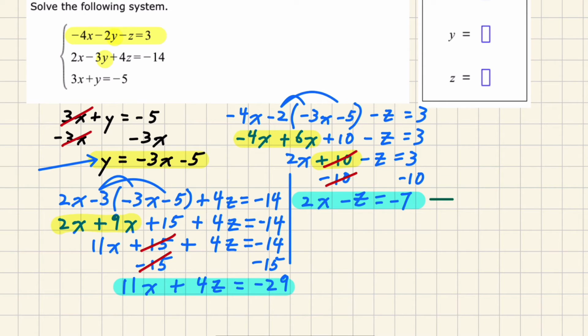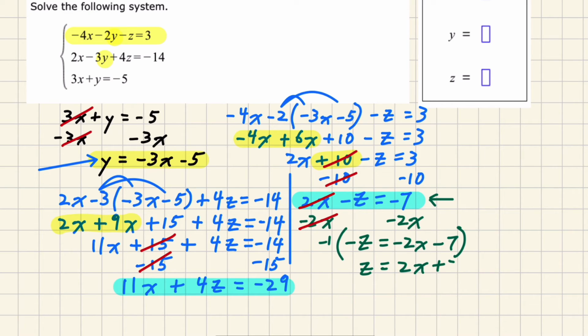Looking at this equation, I can solve for z by first moving the 2x to the other side, leaving me a minus z equals negative 2x minus 7. Of course, we want to know what z is, so multiplying by a negative 1 gives me z equals 2x plus 7.